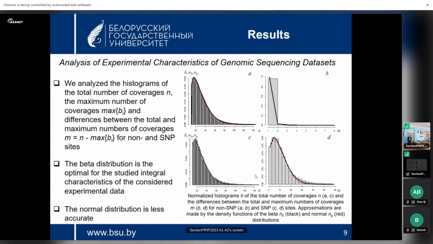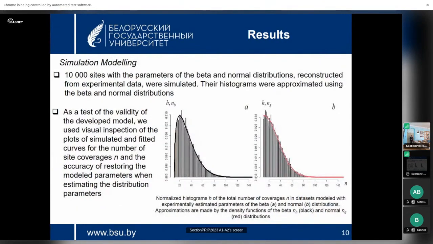The beta distribution fits the data a bit better than the Gaussian distribution. So our conclusion is that for the simulation model the beta distribution is optimal, and the Gaussian distribution is less accurate. But probably for other experimental techniques, the Gaussian distribution can be used. Next, we tested the simulation model, and we simulated 10,000 nucleotide sites with parameters of beta and normal distributions.